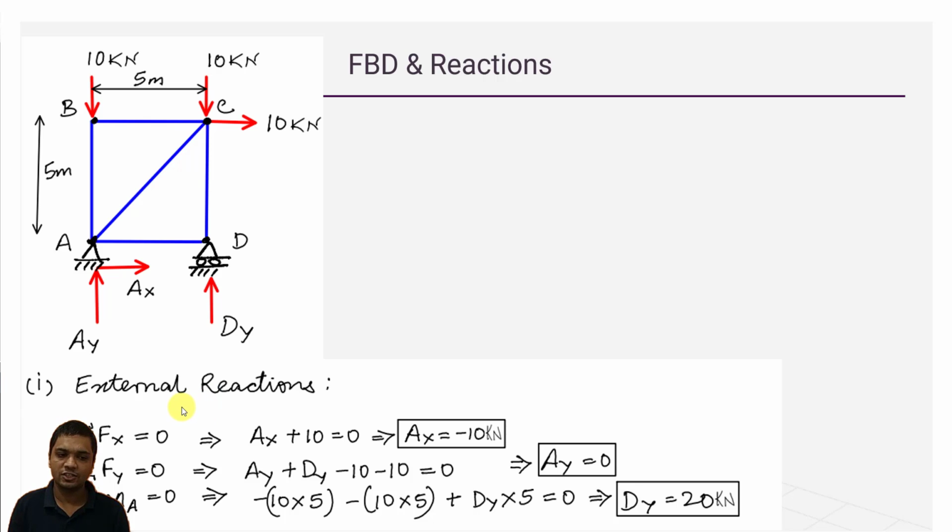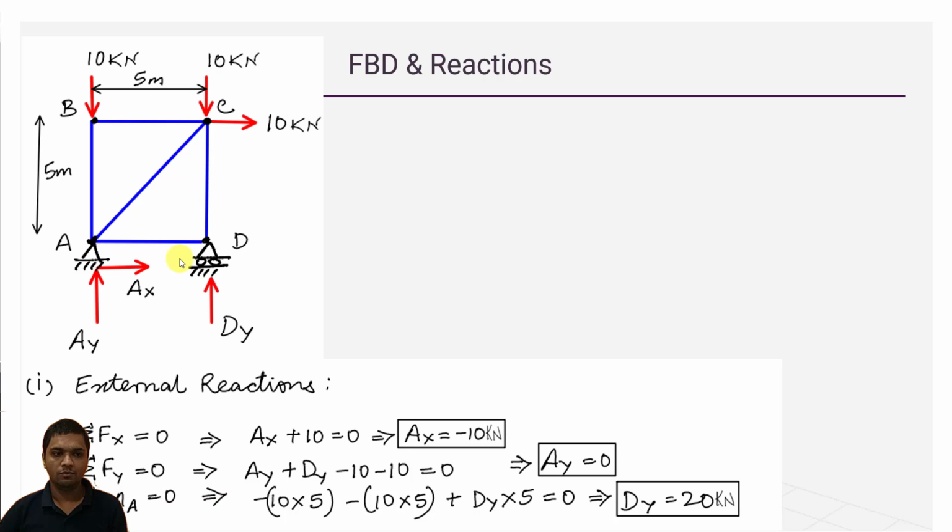If we talk about external reactions, summation of Fx equals to 0. So Ax plus 10 kilonewton equals to 0. So we'll get Ax equals to minus 10 kilonewton. Summation of moment about A equals to 0, right?